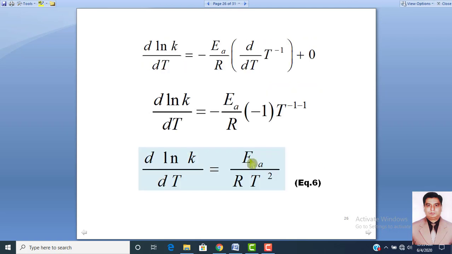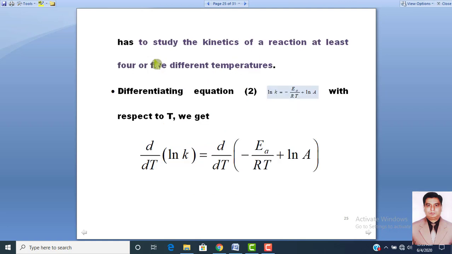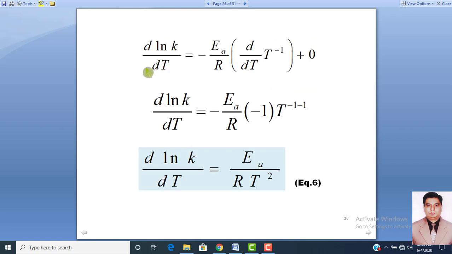Dear students, if you solve it further mathematically by using rules of differentiation, then this equation can be written as d log natural k over dT is equal to minus Ea over R into dT raised to power minus 1 over dT plus 0.